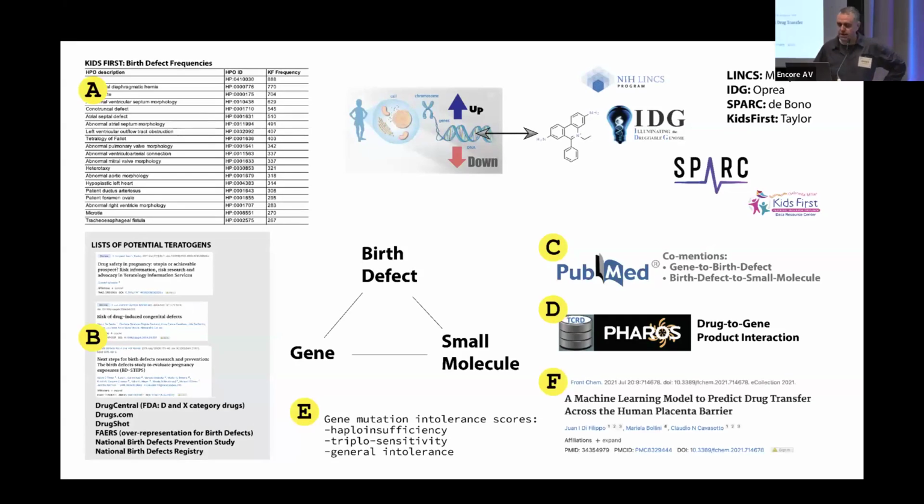We've also extracted data that tells us about which small molecules are likely to cross the placenta to further augment our scoring for putative teratogens. And then we expanded that small list, which was around 200, using the LINCS approach to find other small molecules that have very similar perturbation signatures to make the leap and predict that they might also cross the placenta.